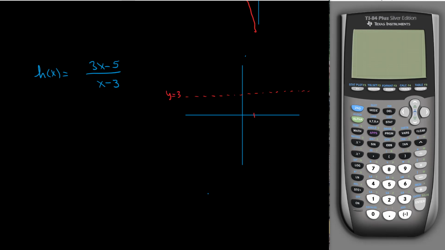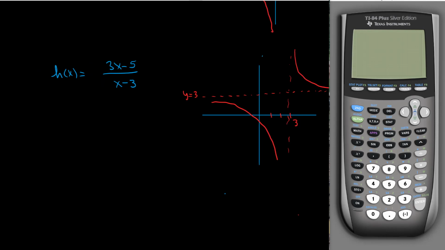And at x equals 3, this thing is undefined because 3 is not in the domain of the function, so there's a vertical asymptote there. And what this graph is going to do is something like this. Remember, the horizontal asymptote causes the function to level off at that asymptote as x goes to infinity.